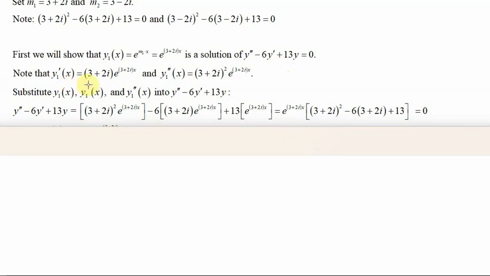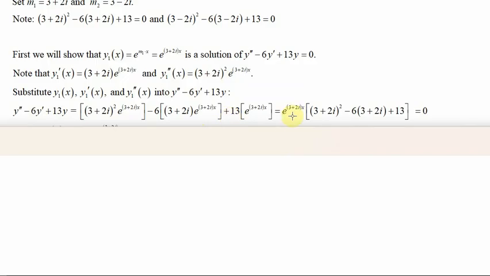This is the first derivative. This is the second derivative. Now replace y double prime with the second derivative and y prime with the first derivative.